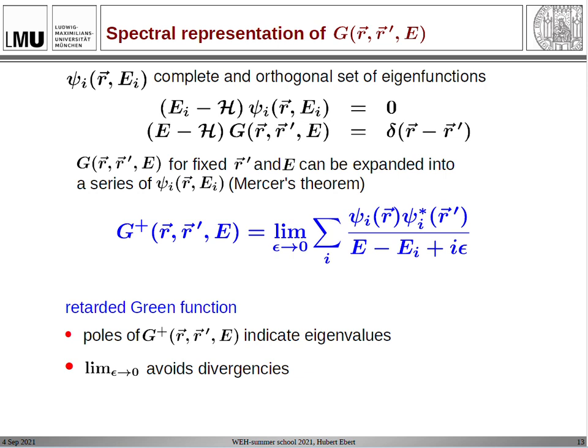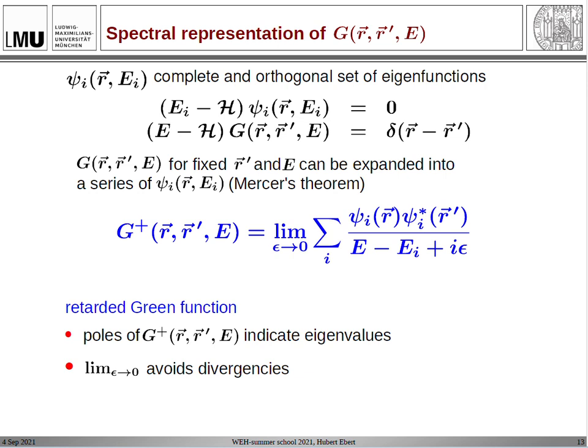So we were saying the Green's function is introduced by a second associated inhomogeneous differential equation, and it's connected due to that with a homogeneous equation. Now, if we have solved the homogeneous equation, we are led to a set of eigenfunctions and eigenvalues, and this set is normally at least complete and orthogonal.